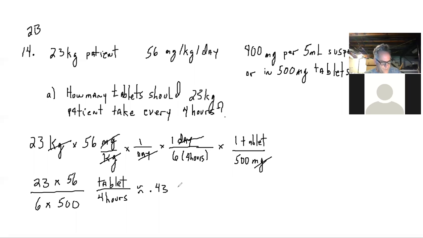If I go 23 times 56 divided by 6 divided by 100, rounding to the hundredths place, about 0.43, a little less than half a tablet every 4 hours.